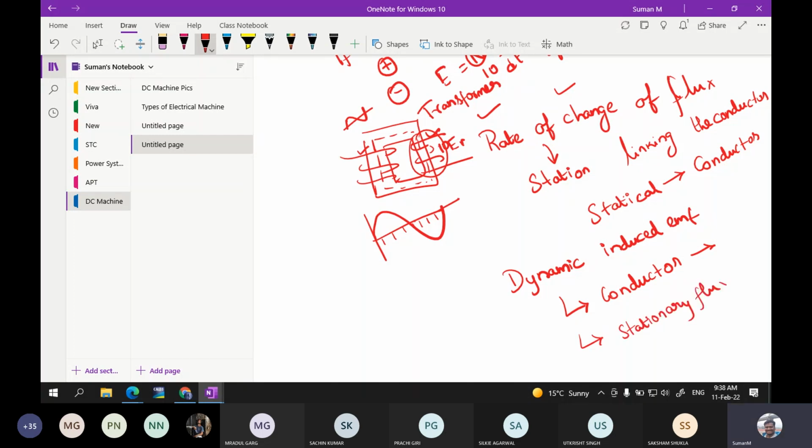In the previous case, the flux was changing and the conductor was fixed or stationary, whereas in dynamically induced EMF, the conductor will rotate and the flux will be stationary.